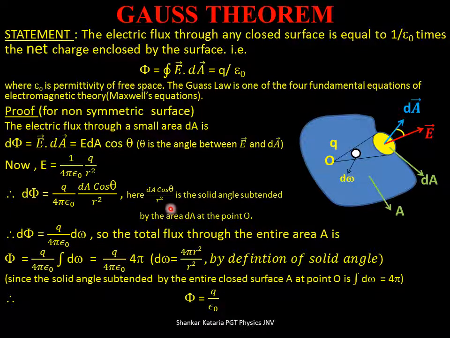Now this integral of d omega, that is the total solid angle, has a value of 4 pi, because the solid angle is defined as area upon radius squared. Substituting the value of the integral of d omega as 4 pi, we are left with q upon epsilon naught. So the total electric flux linked with this surface is q by epsilon naught, which proves Gauss's theorem.